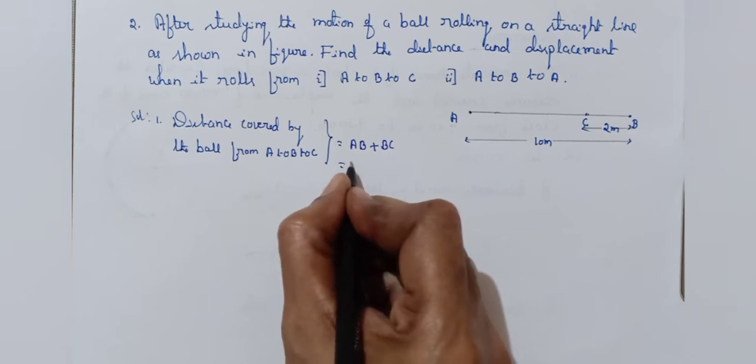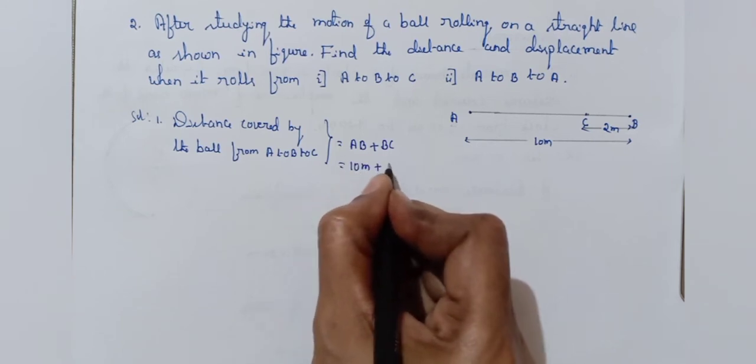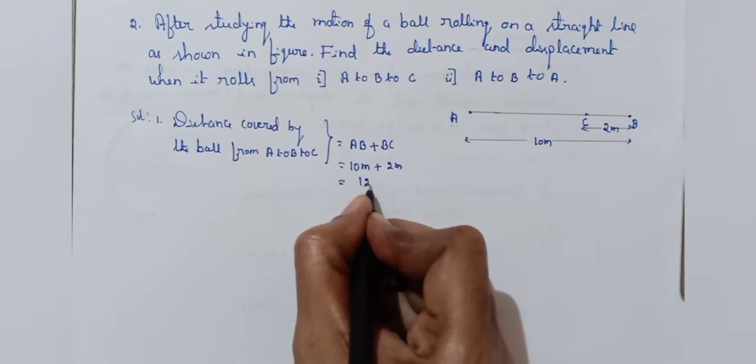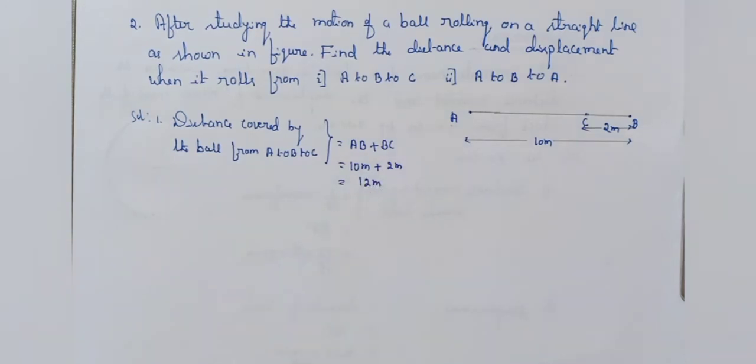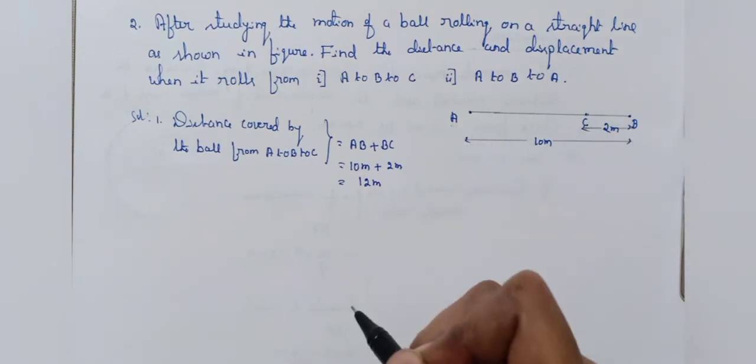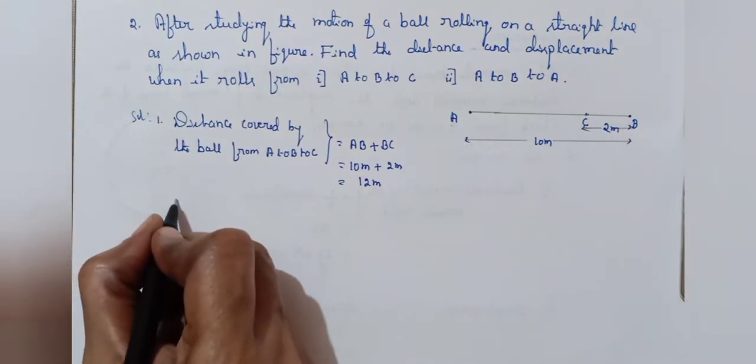AB is 10 meter and BC is 2 meter. So 10 plus 2, 12 meter. So the distance covered by the ball from A to B and B to C is 12 meter. And then displacement.